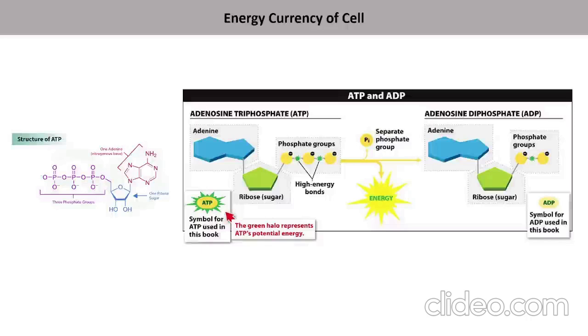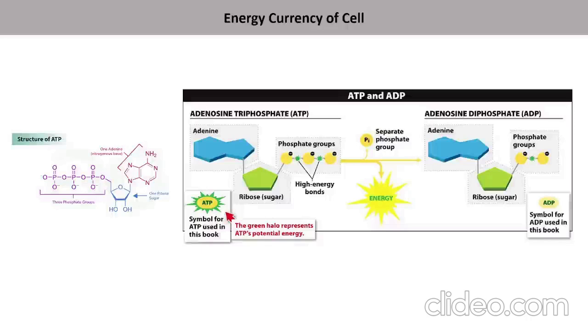Now, if you know about ATP, there are three things actually. There's ATP, then there is ADP, and then there is AMP, which stand for adenosine triphosphate, adenosine diphosphate, and adenosine monophosphate.